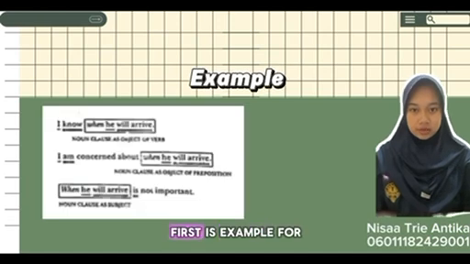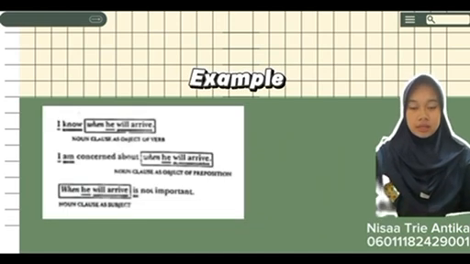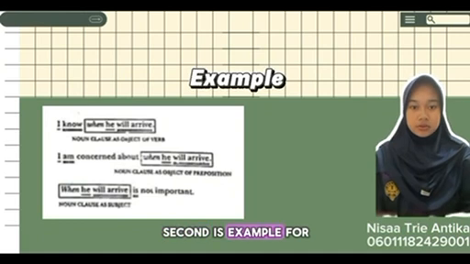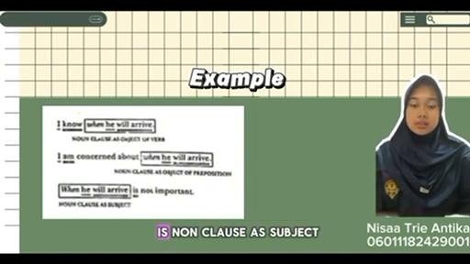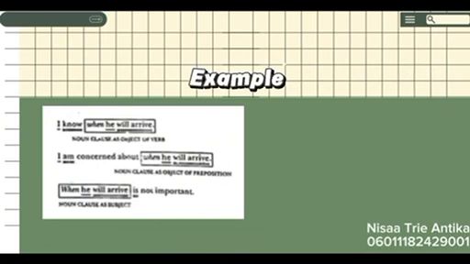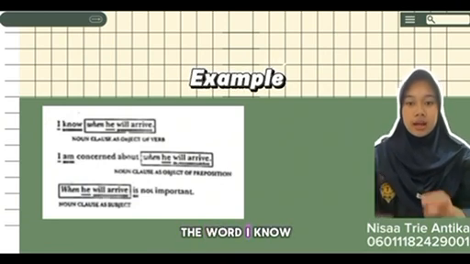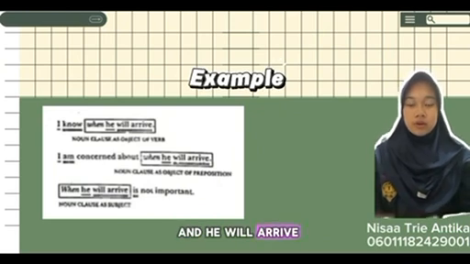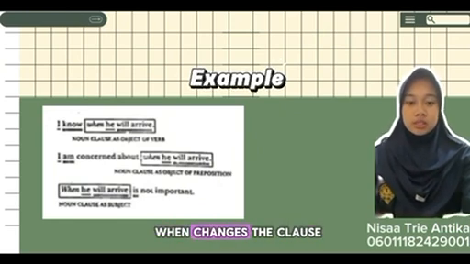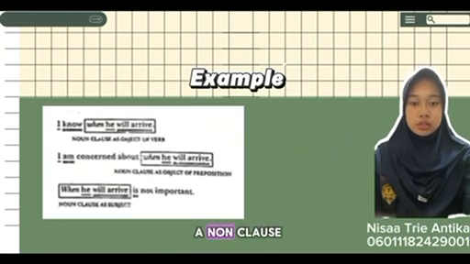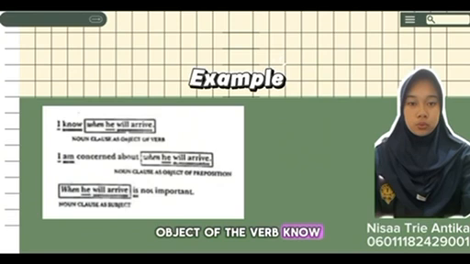Three examples. First is an example of a noun clause as object of a verb. Second is a noun clause as object of a preposition, and the last one is a noun clause as subject. In the first example, I know and he will arrive are connected by the word when, because when changes the clause he will arrive into a noun clause that functions as the object of the verb know.